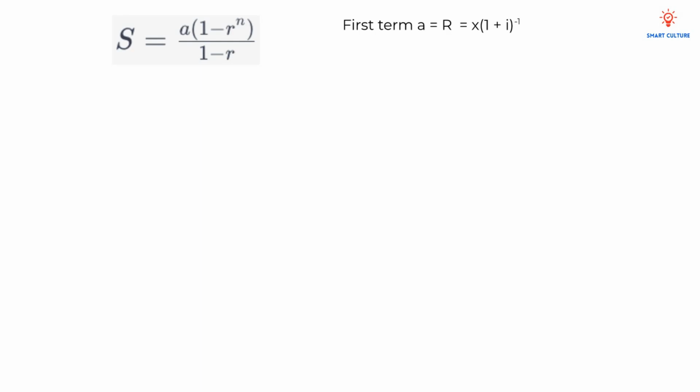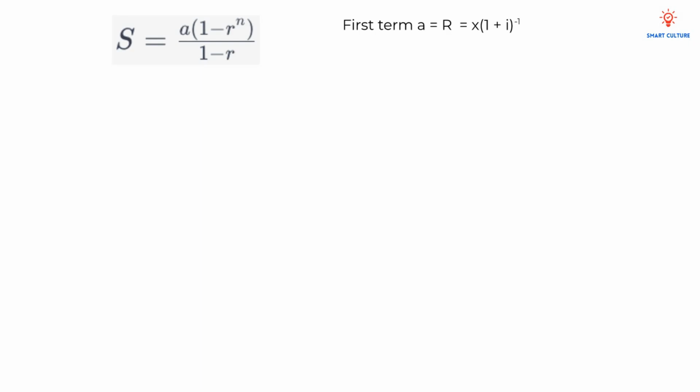To relate this to the present value annuity, if you're thinking of the annuity as a series of future payments X that you're discounting to their values 1 period prior to when they occur, then the first of those payments would be X multiplied by (1 plus I) to the negative 1.